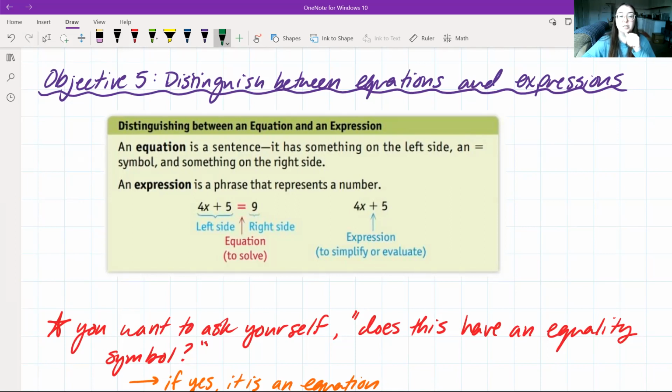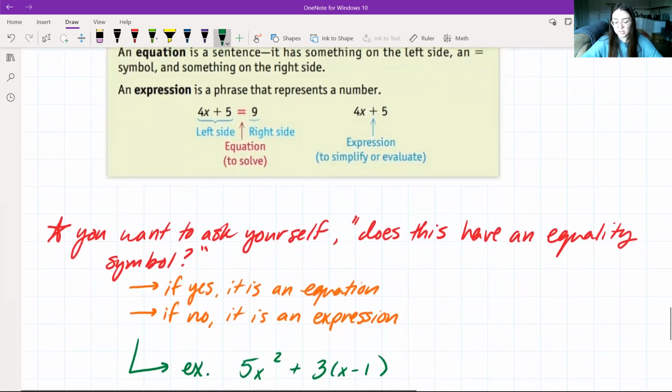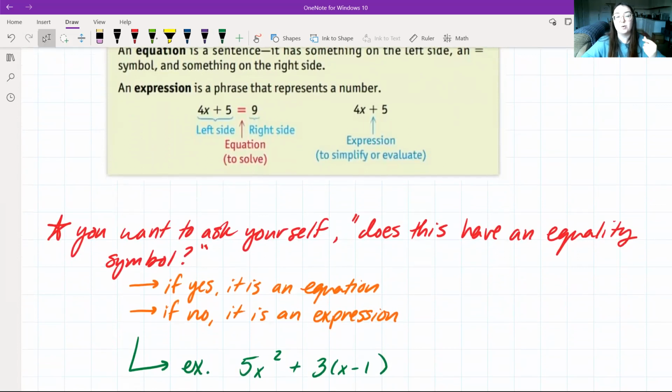So I had said this earlier, but the key thing you want to ask yourself when deciphering between an equation and expression is, does this have an equality symbol? If it has an equality symbol, it's an expression, and if it doesn't have an equality symbol, I mixed those up. If it has an equality symbol, it is an equation.